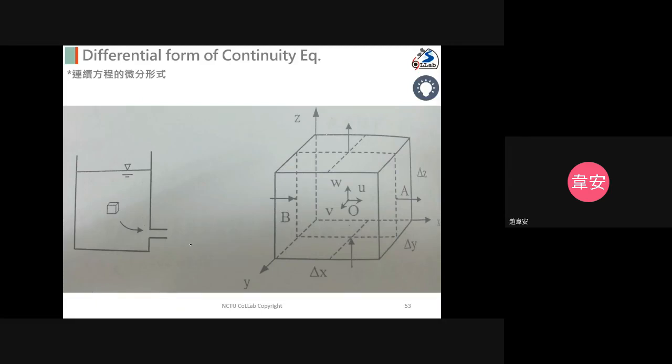Okay, so maybe we have a 10 minute break, and after the break we go back to continue, and we will derive some equations. The first one is the differential form of the continuity equation. And following that, we will introduce what the stream function and the potential function are for three-dimensional flow.